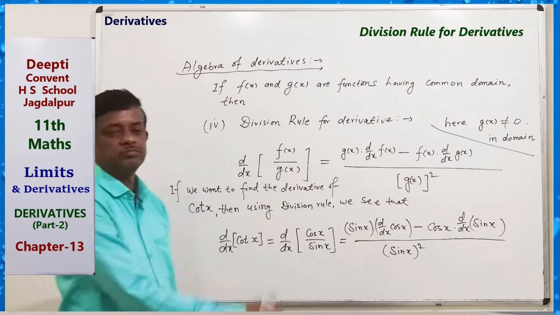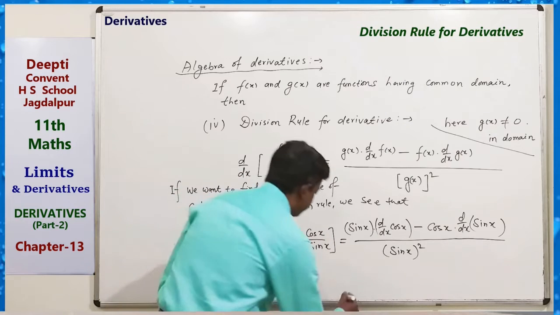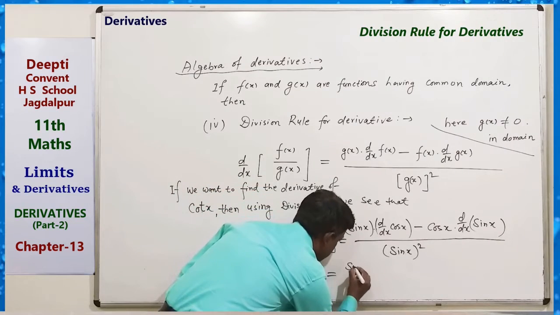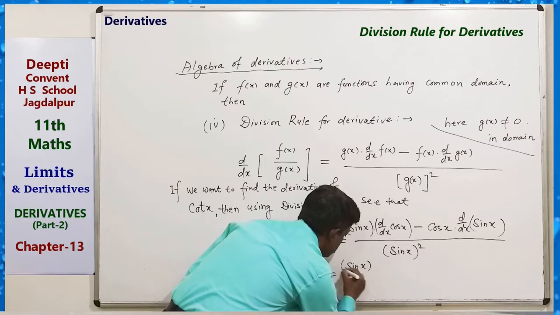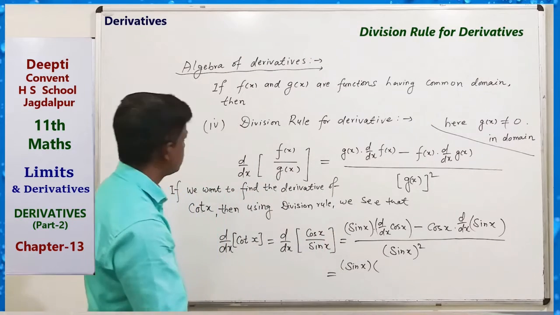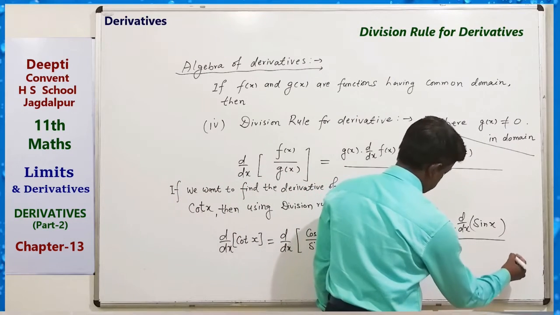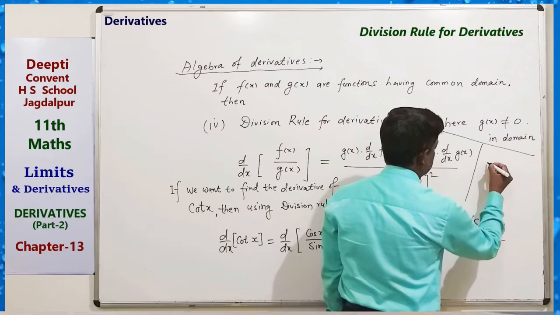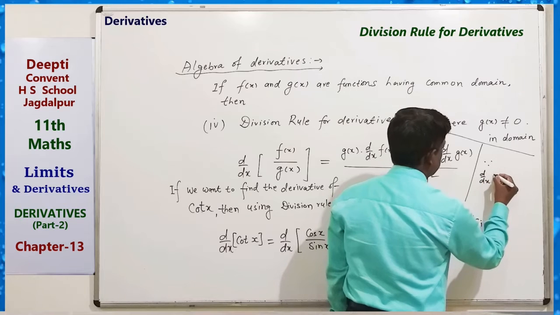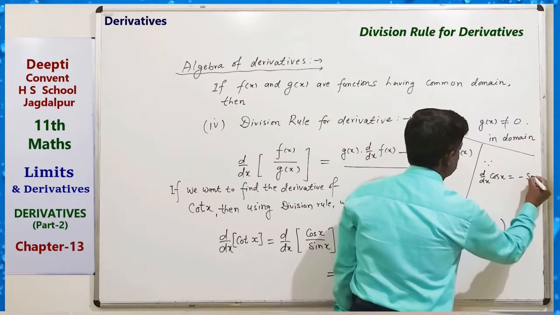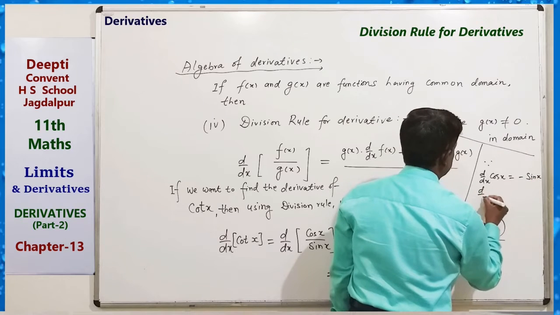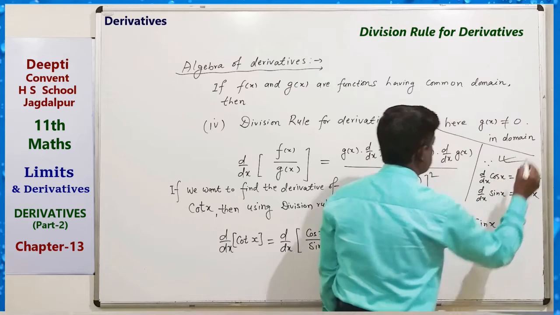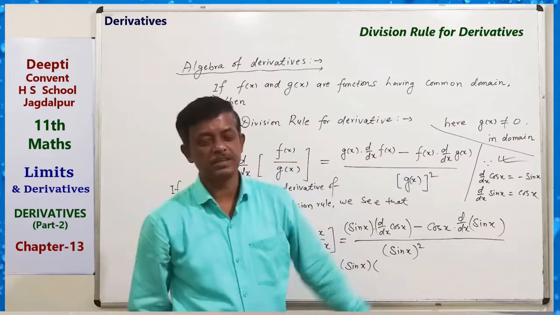Just put the values here: sin x into, since the derivative of cos x equals minus sin x and the derivative of sin x equals cos x. Just use these formulas.